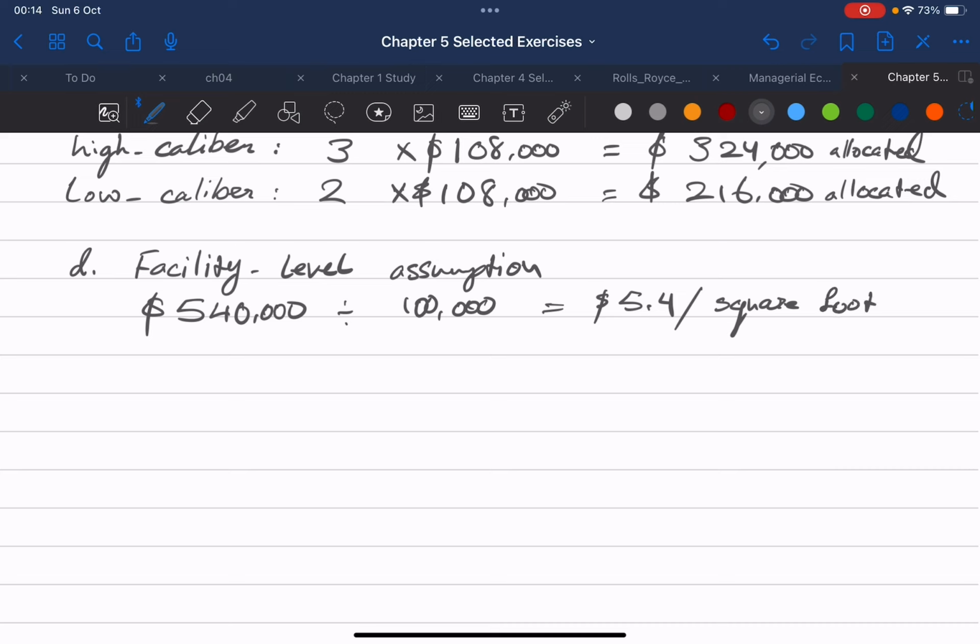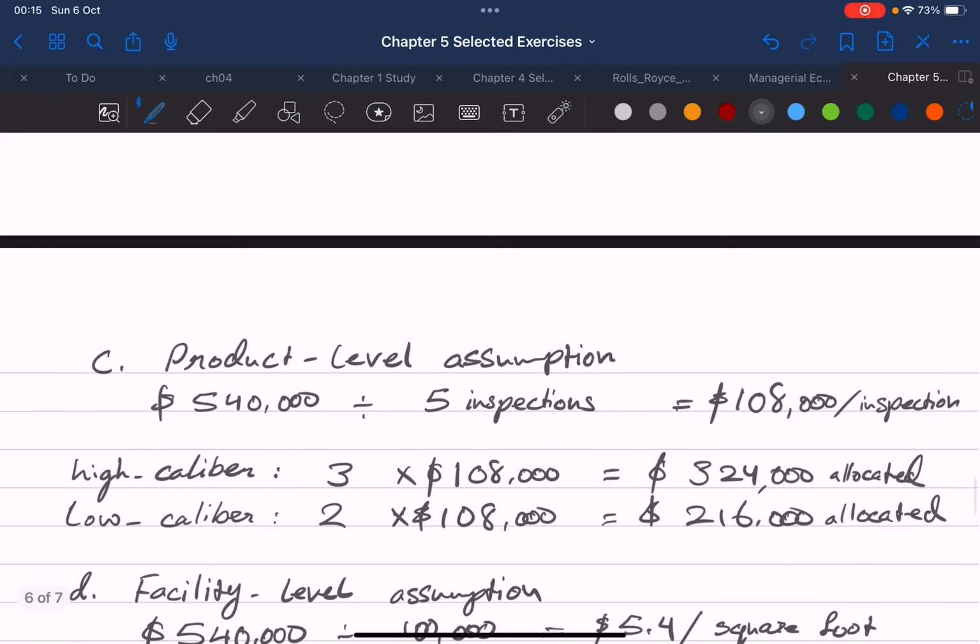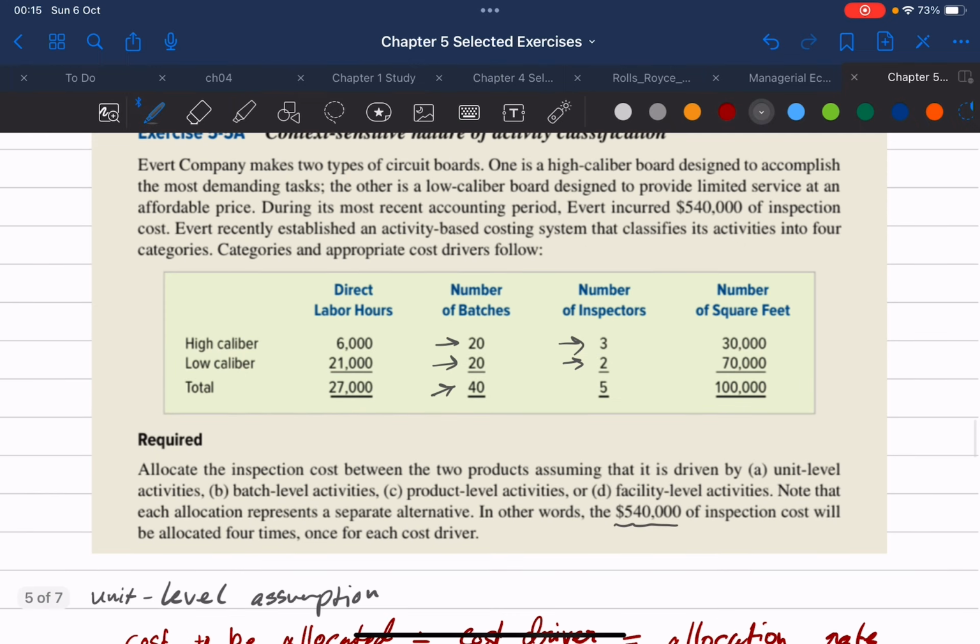Okay. Now we can allocate for high caliber. What was the space allocated for high caliber? 30,000.